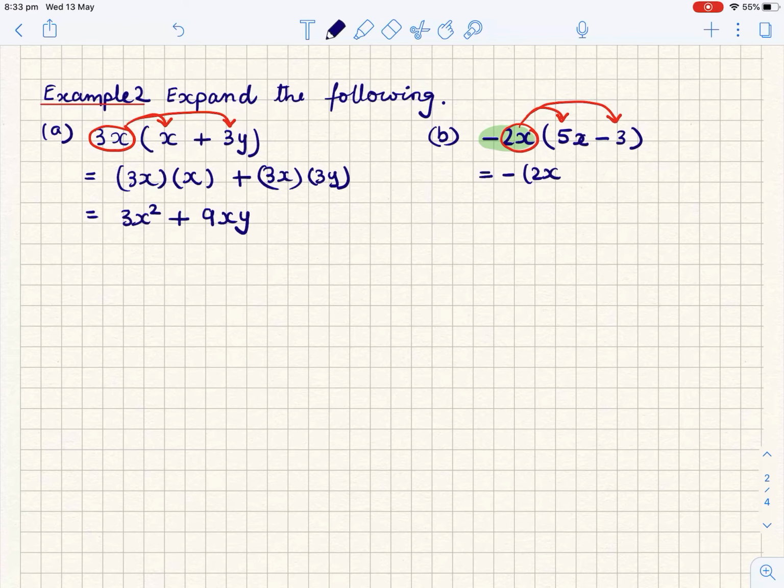So negative 2x times 5x. Now the sign in between 5x and 3 is negative, it will become positive now, 2x times 3. So that gives you negative 10x squared plus 6x. Now these are unlike terms, so it can't be simplified further, so we'll leave it here.